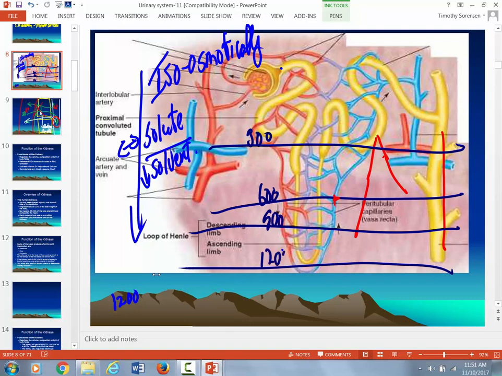The osmolarity goes up. And I told you this so I could explain this. The collecting ducts, in the absence of hormones, are impermeable to water. No water can get reabsorbed if you don't have hormones to affect the collecting ducts.